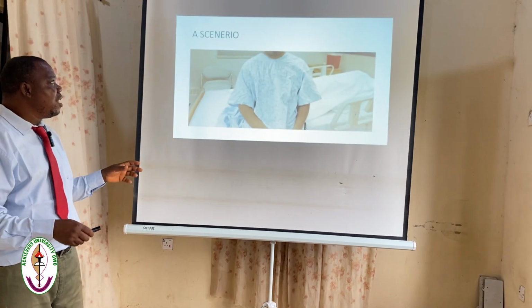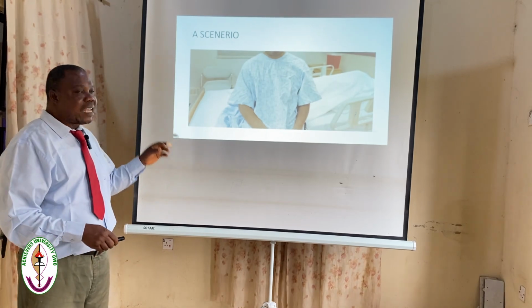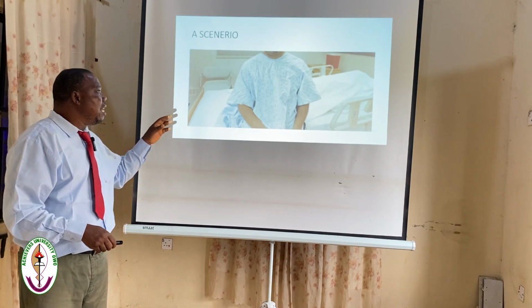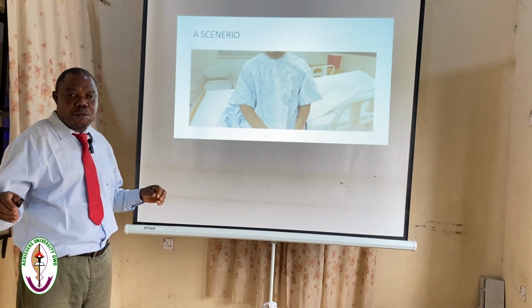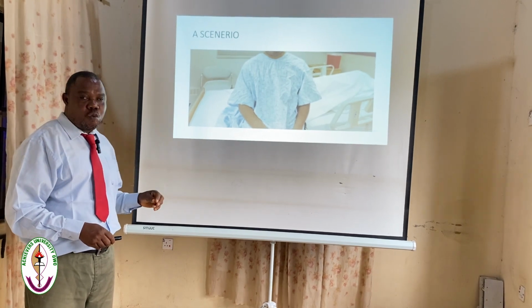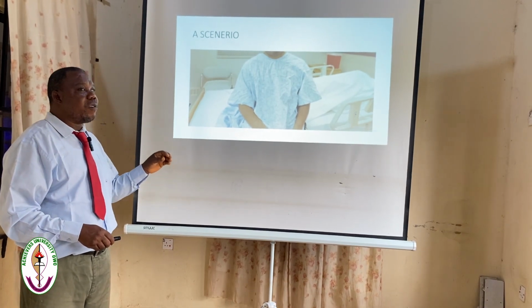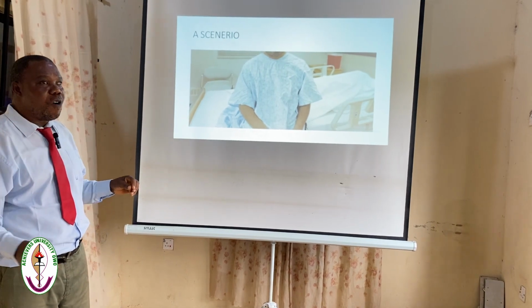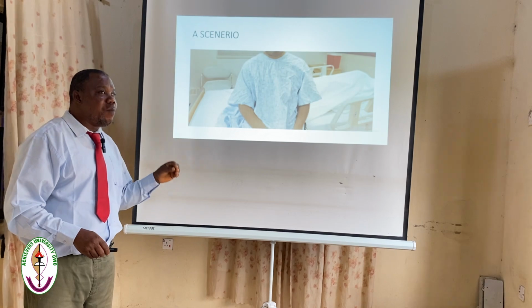Let's look at this scenario. You will understand it better when I present this scenario to you. This 78-year-old man is admitted into the main medical ward with a case of heart failure, and he has been placed on 80 milligrams of IV Lasix every morning.